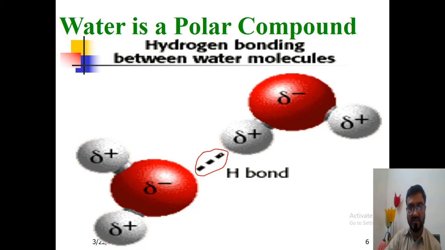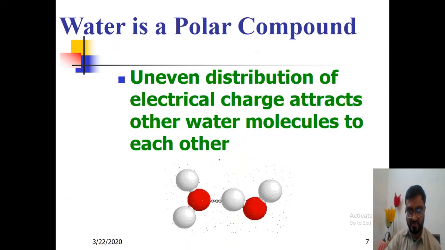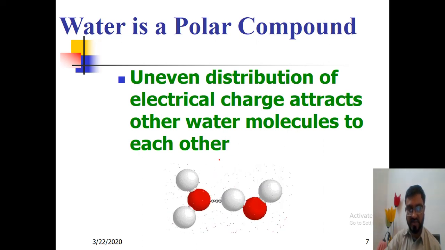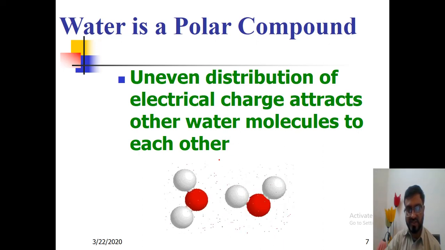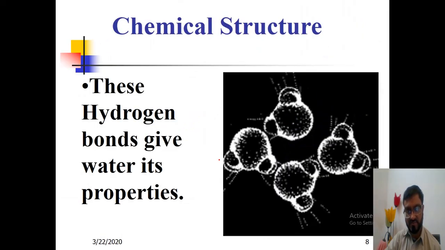So they are held together by the hydrogen bonding, and that is strong enough to hold the water molecules. So look at this animation, how they are binding with hydrogen forces. The uneven distribution of the electrical charges attracts other water molecules to each other.